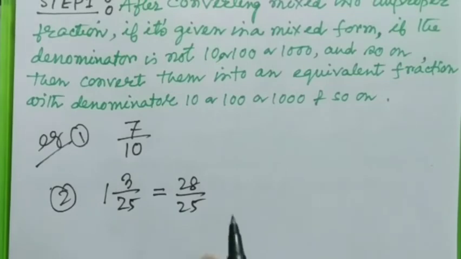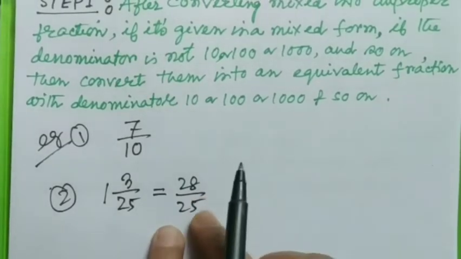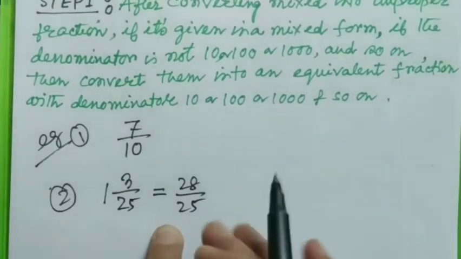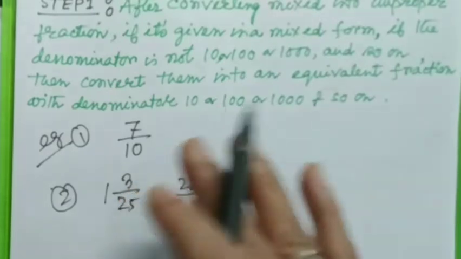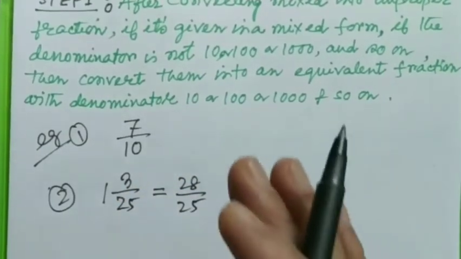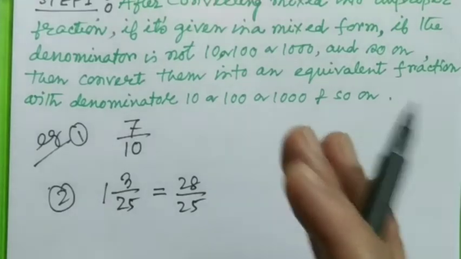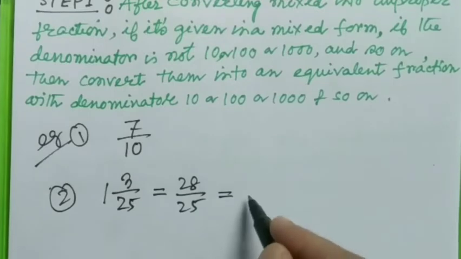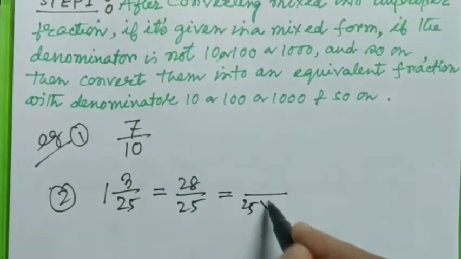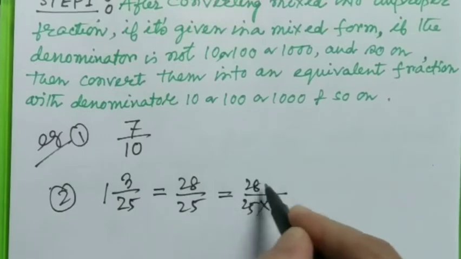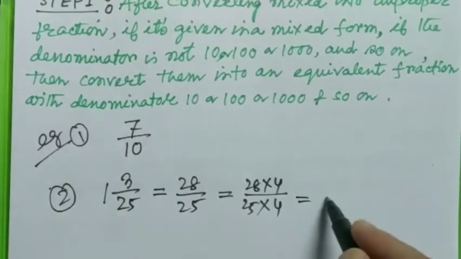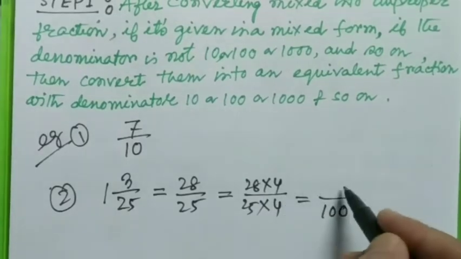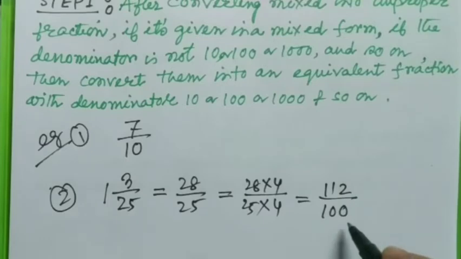Now look at this. Here the denominator is not like 10 or 100 or 1000 etc. So our first task is to convert it into a number starting with 1 along with zeros, that means like 10 or 100 or 1000 etc. So I am multiplying the numerator and denominator by 4. 25 cross 4, we know 25 cross 4 is equal to 100, so I am multiplying with 4. 25 fours are 100 and 28 fours are 112 by 100.